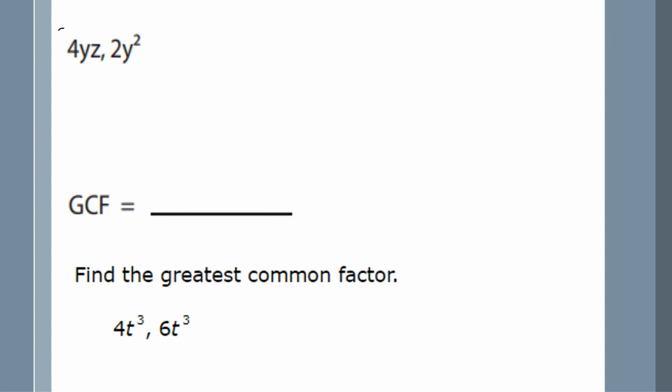You see this problem right here? Why don't you do it in 2 parts? Why don't you do your coefficients first? Go ahead and list them. 1 times 4 is 4, and we know 2 times 2 is 4, right? And we know 2, we get 1 and 2. So we know the greatest common factor of this is 2.